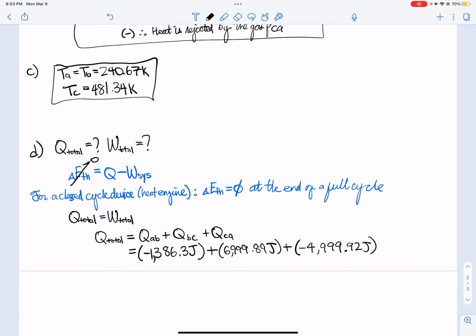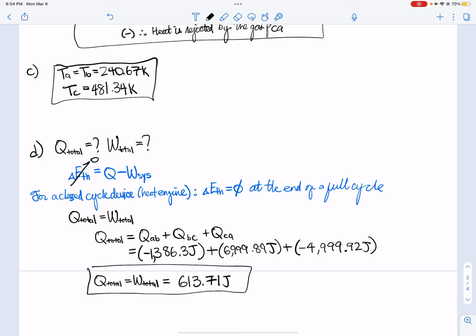And if you plug that in your calculator, you would find that the net heat transfer, or Q total, is equal to the work total, or the net work. That's what we figured out up here, right? Because for a closed cycle device, change in thermal energy is equal to 0 at the end of a full cycle, right? So then the net heat transfer is equal to the net work, which is equal to, plugging this in the calculator, 613.71 joules. And that's our answer for part D.